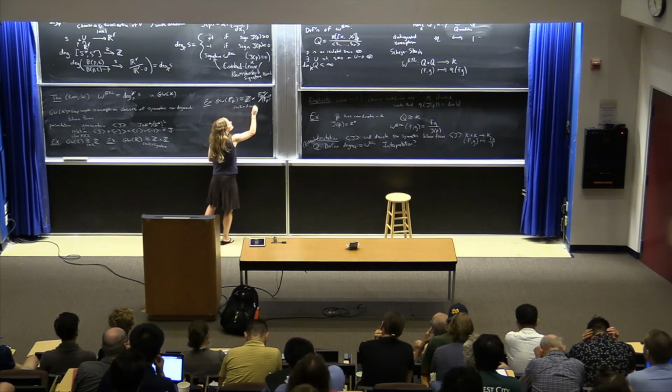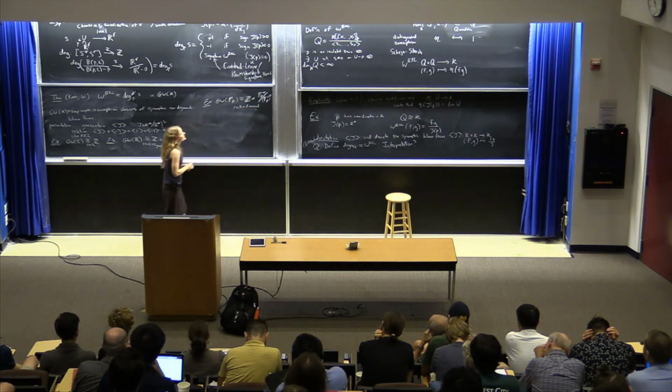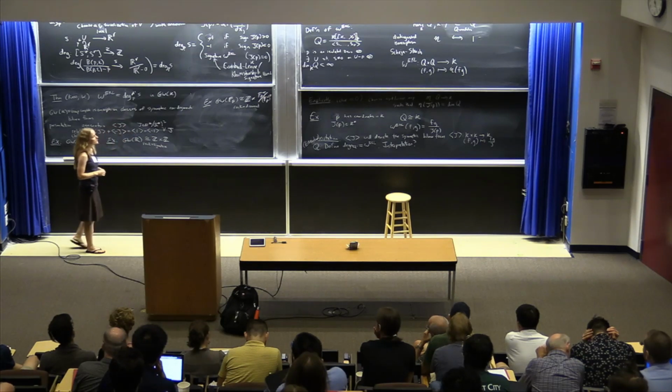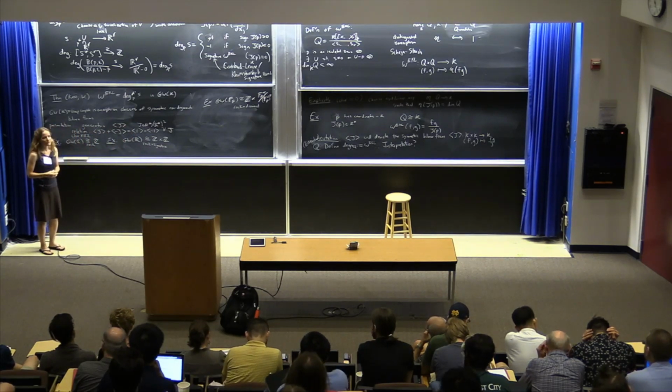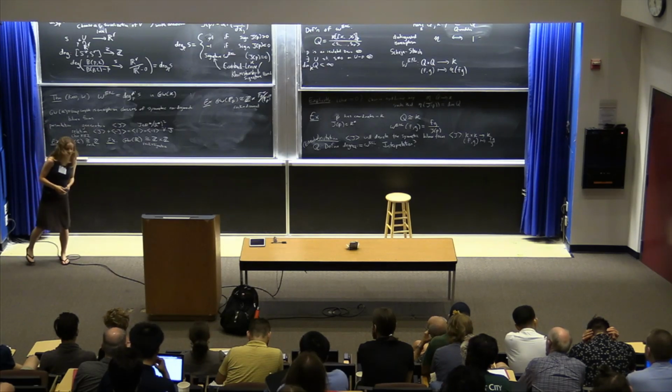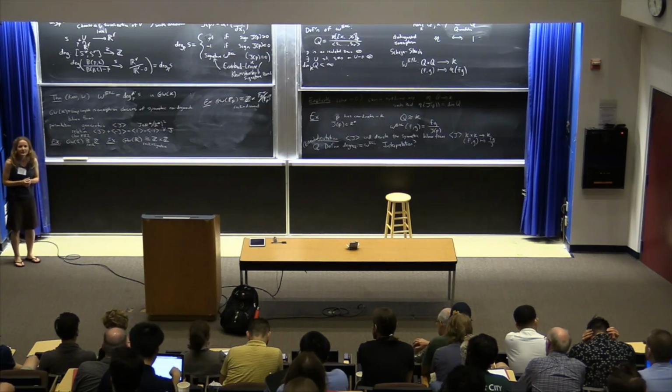And those are the two invariants which determine the isomorphism class. So we have more information than just in Z, and in many cases you can explicitly calculate this information.